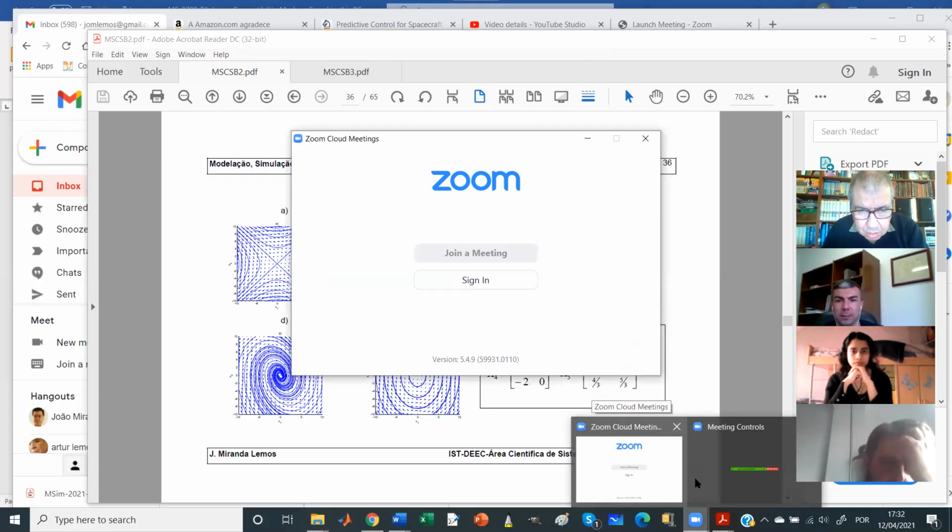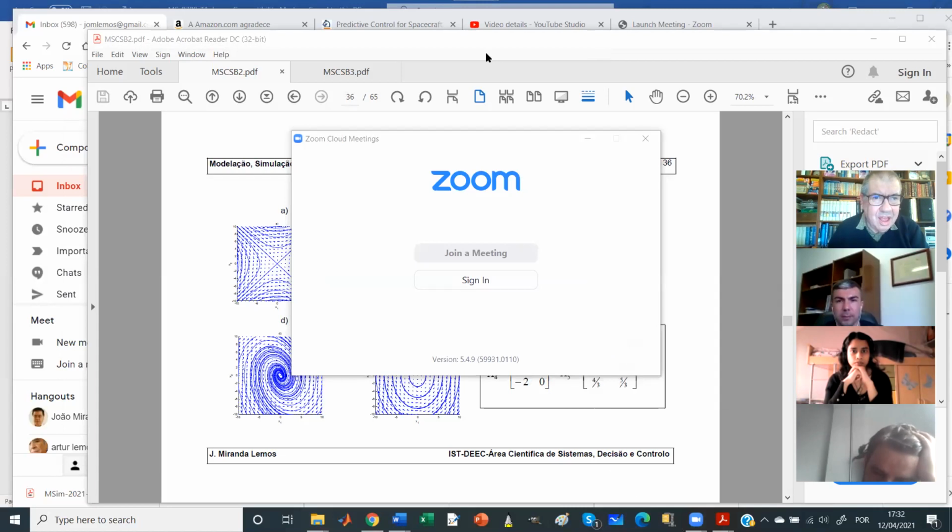Zoom meeting controls. But maybe we could say the eigenvalues, and then we check just the plot. New share. Whiteboard.